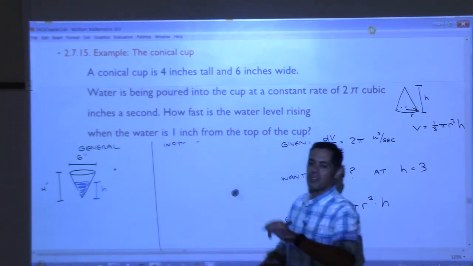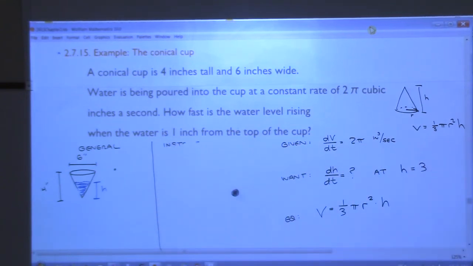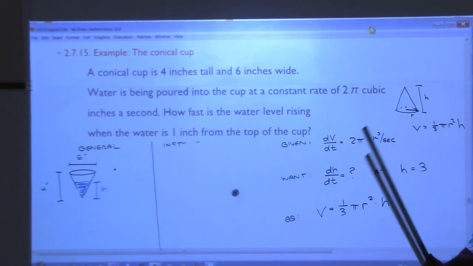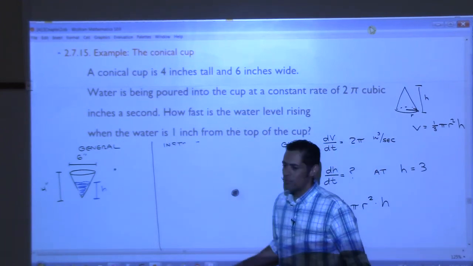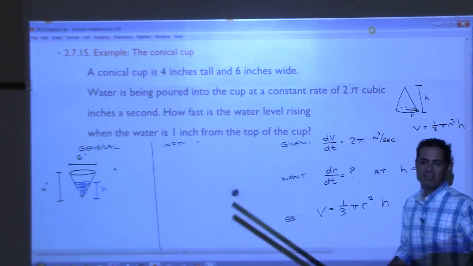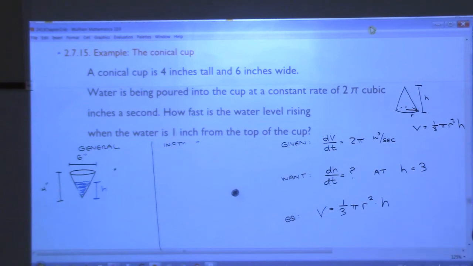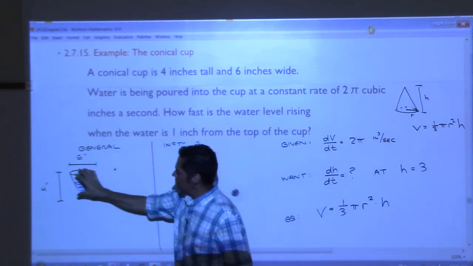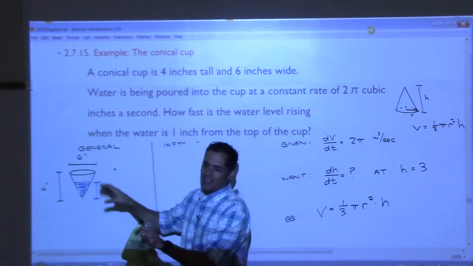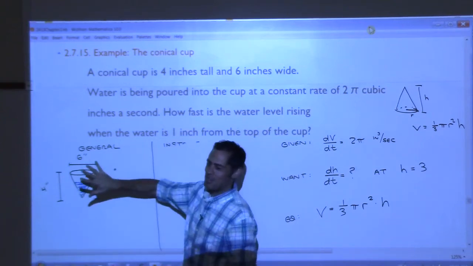Let me ask you a question then to keep you engaged. Imagine I grabbed this sword, and I took this cone and I sliced it right down the middle. What's your name? Tara. Okay, Tara, if I slice this down the middle, and let's act like the water didn't flow out, the water's still there.